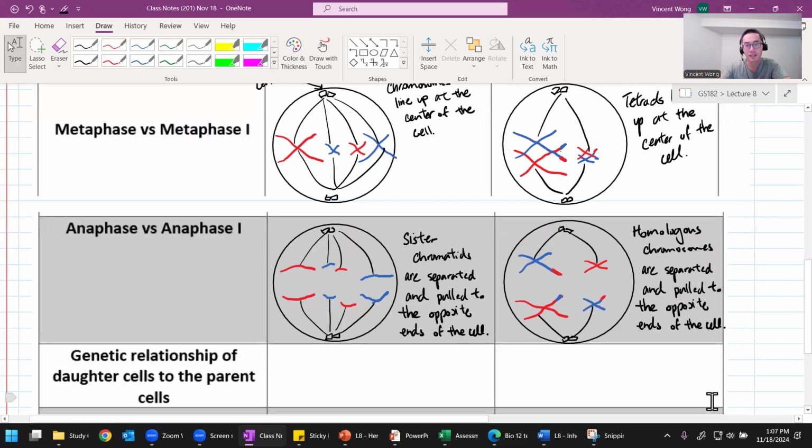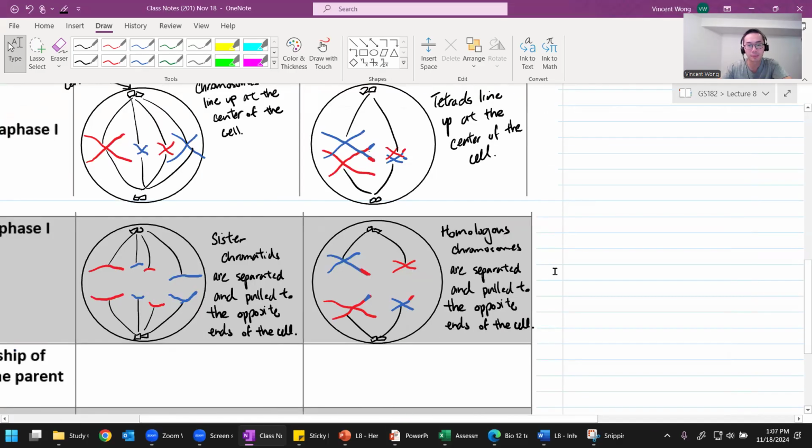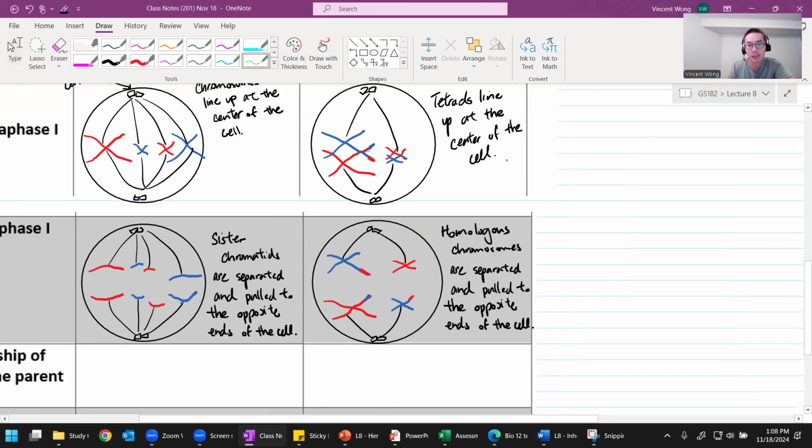All right. Now, I missed something here in metaphase. So just gotta give you a moment to catch up, and then I'll add that extra bit. I'll do it in green, nice catchy color.